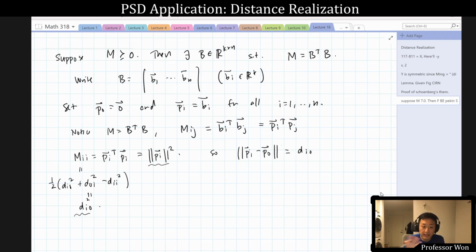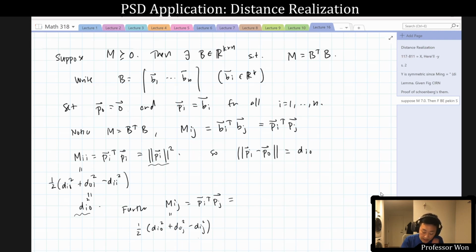Okay, what about the lengths between the p_i and p_j? Further, M_ij is p_i transpose p_j, which, by definition, was 1/2 of d_i0 squared plus d_0j squared minus d_ij squared.